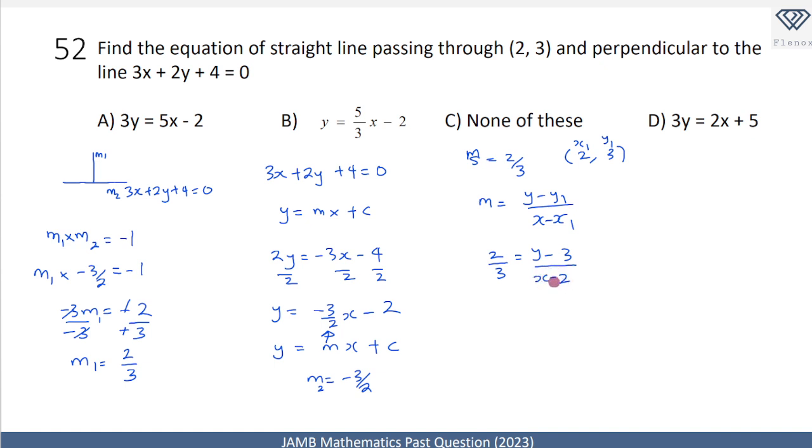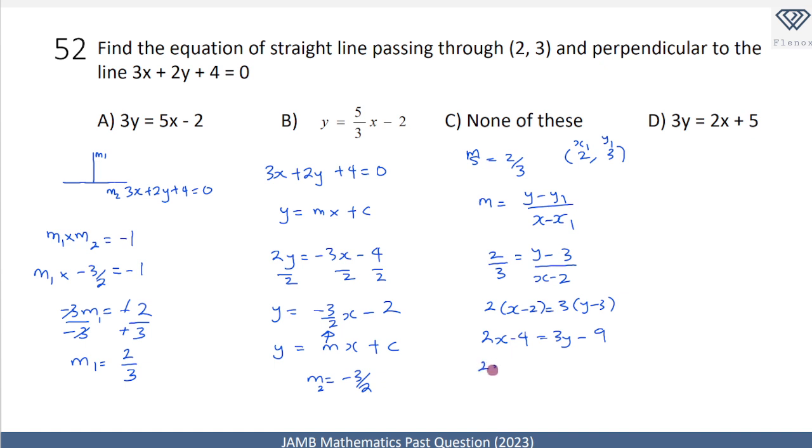So we can cross multiply. We have 2 times (x - 2) equals 3 times (y - 3). So this becomes 2x - 4 = 3y - 9. Now I can collect like terms. As you can see, y is on the other side of the equation, so I can bring this over here.